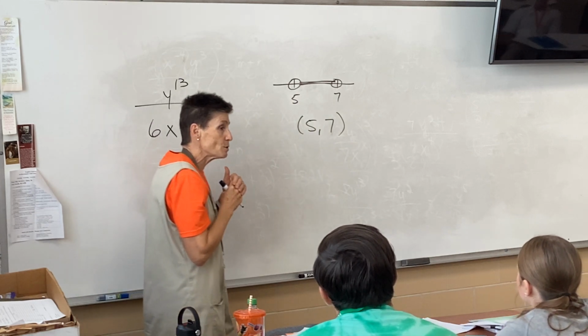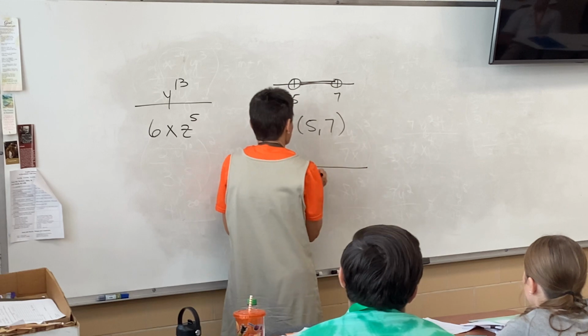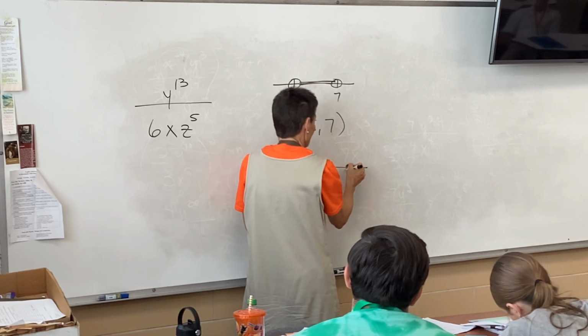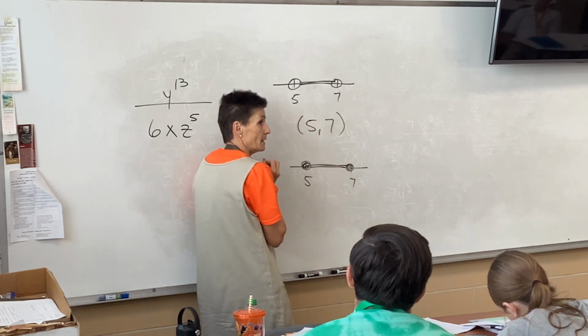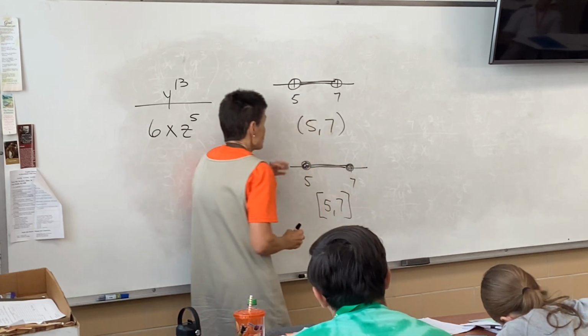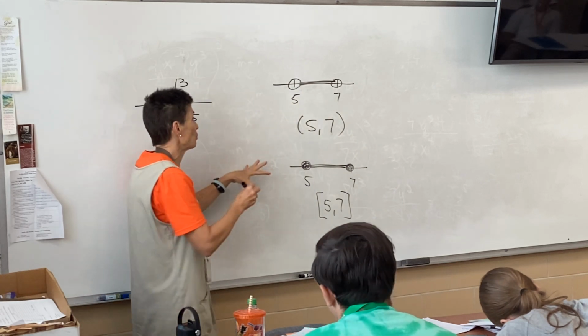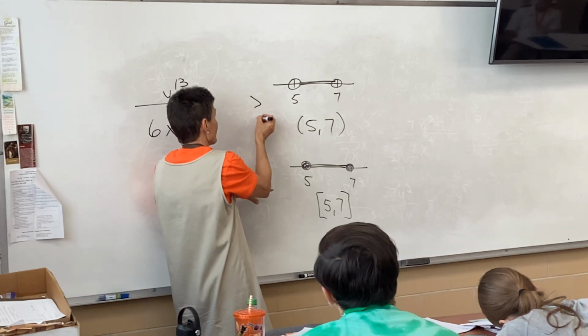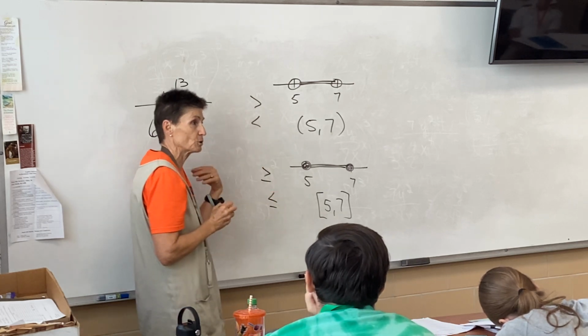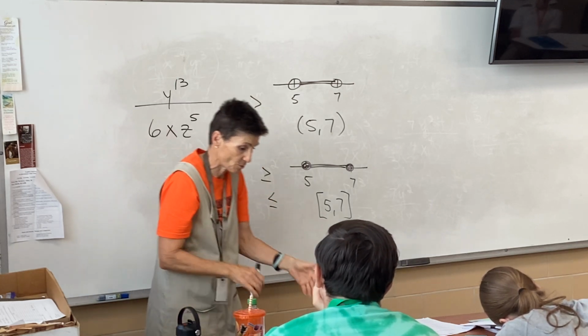Now what about closed intervals? Same exact thing, only the 5 and the 7 are included. And the notation for that is the brackets. This is kind of the difference between the symbols greater than, less than, and greater than or equal to, less than or equal to. It's whether we color in the dots or not.